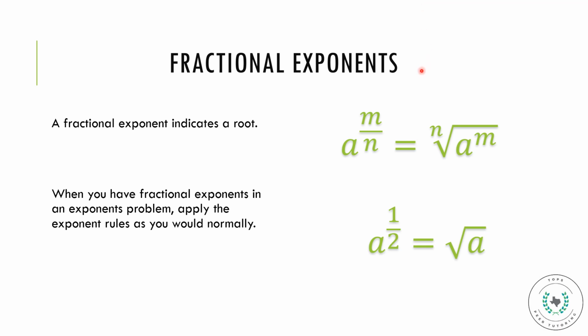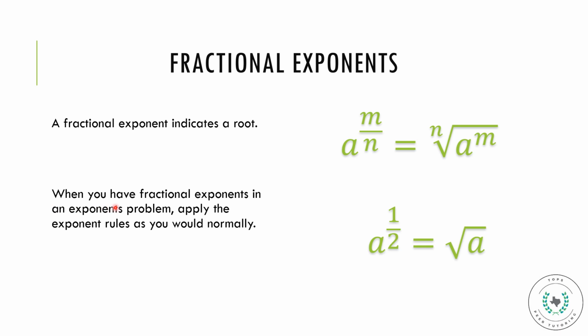So I usually just abbreviate that or shorten it to top in, bottom out. The top fractional exponent value goes inside the root, and the bottom fractional exponent value goes outside the root. For me, that works pretty well, but if you need a way to abbreviate it in your head, I would say try to find something else like that.